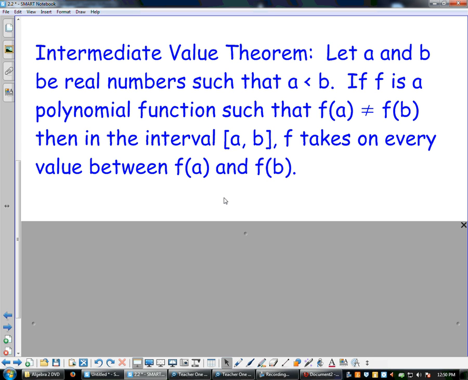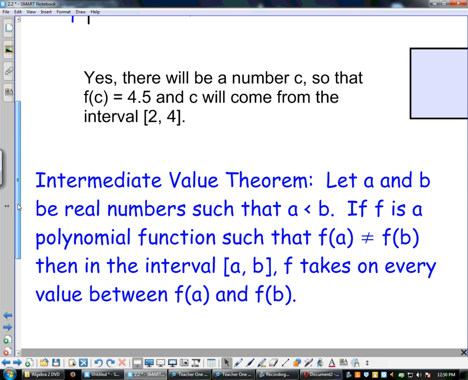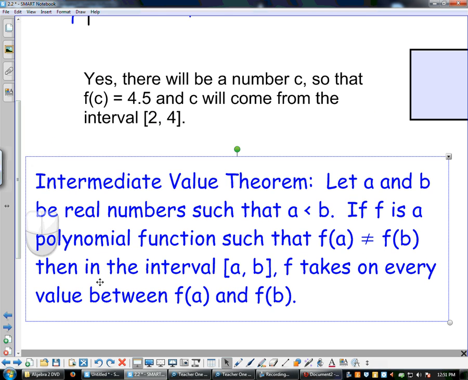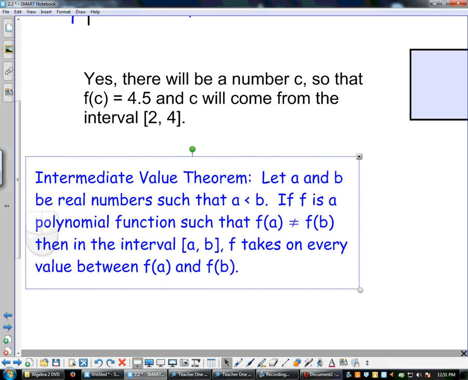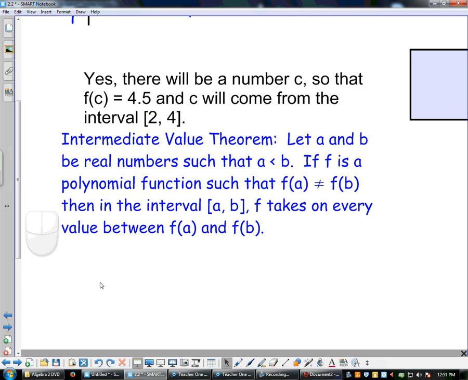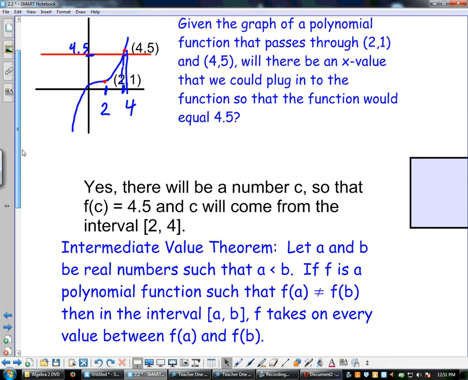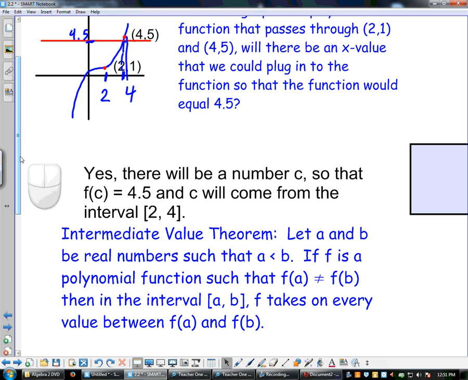So in this intermediate value theorem, relating this theorem back to this example, let me shrink this up. In this example, the a was 2, and the b was 4, right? So we're saying f of 2 was not equal to f of 4, because what was f of 2 equal to?